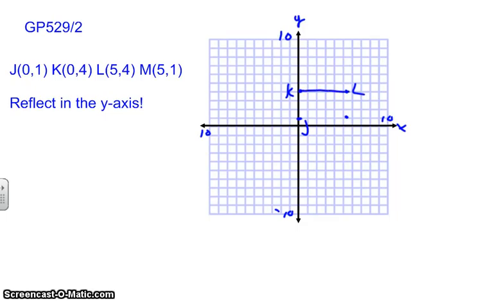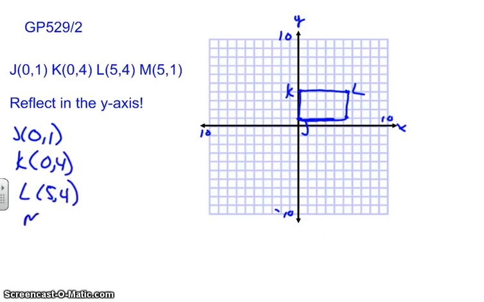So when you connect these vertices, you see the shape? And I'm sure you can be even neater on your paper. So the next step would be to say, how do these change going to the image? And we're reflecting in the y-axis.